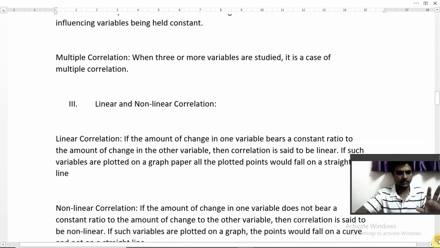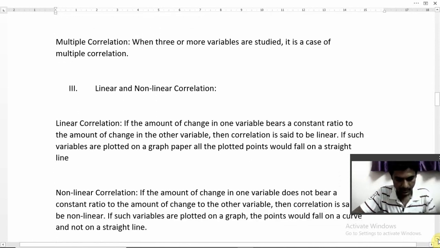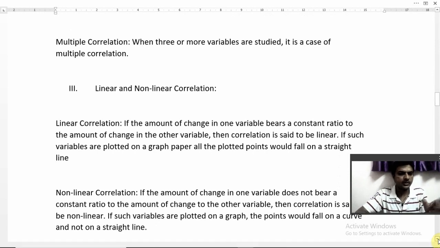Next, last, yes students, we'll finish this lecture. Linear and non-linear correlation. Yes students, what is linear? If the amount of change in one variable bears a constant ratio to the amount of change in the other variable, then correlation is said to be linear. If such variables are plotted on graph paper, all the plotted points would fall on a straight line.